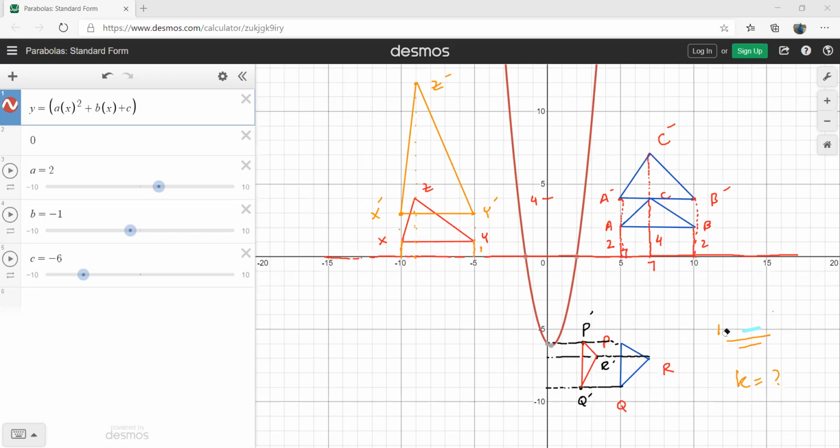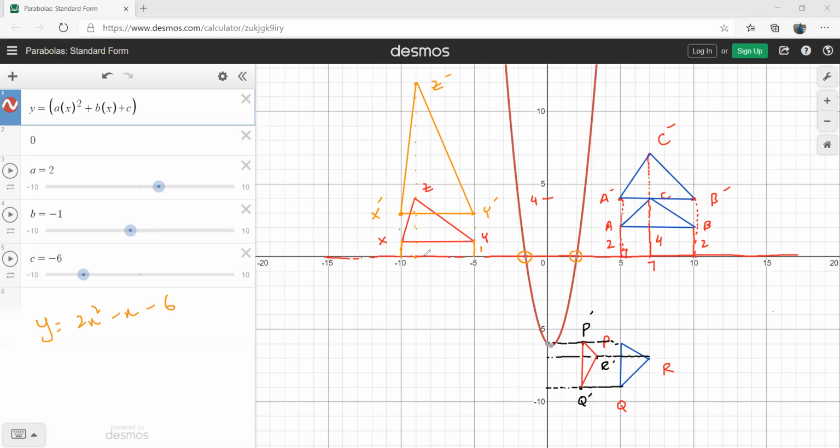Now, guys, look at this curve. The equation of this curve is right now y equal to 2x square minus x minus 6. Now just keep a look at these points right now.